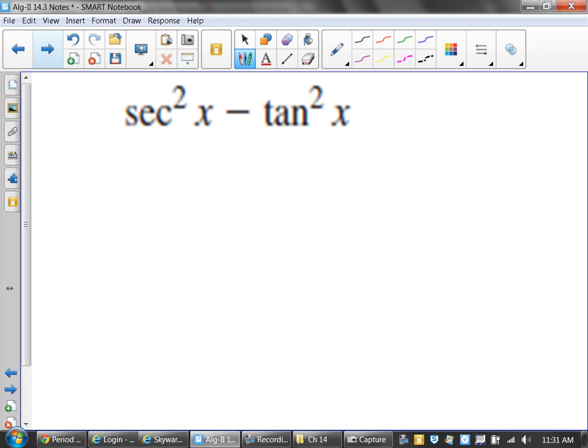Secant squared is 1 over what? Cosine. So I'm going to write this as 1 over cosine squared. Everybody okay with that? Tangent squared is sine over cosine, squared. Do we have a common denominator? Yes.